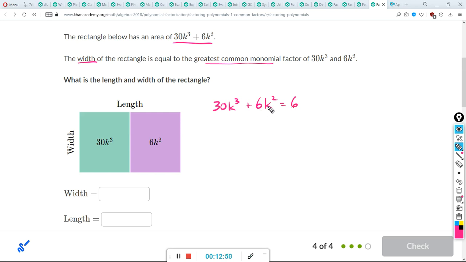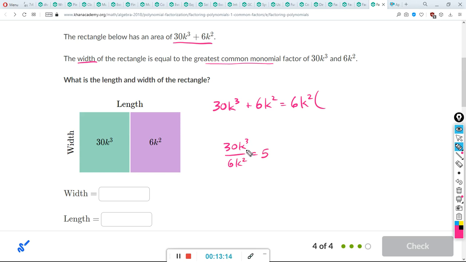And then out of the k's, which one is the smallest exponent? Well, that's just k squared. So if I do 30k to the third divided by 6k squared, 30 divided by 6 is 5.